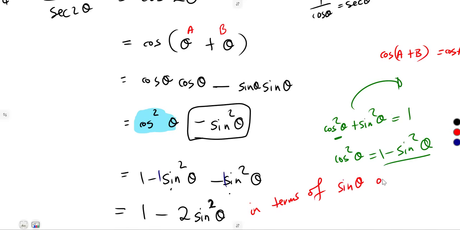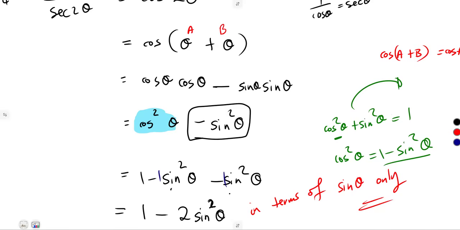Sine theta only. It's like in terms of x, we are not supposed to have y, we are not supposed to have any other letter, so we are not supposed to have any other trig, cos, tan. No, we just need sine. It can be sine squared, it can be sine to the exponent of 4, as long as there is only sine there, it's fine. As long as we see sine only in our answer.